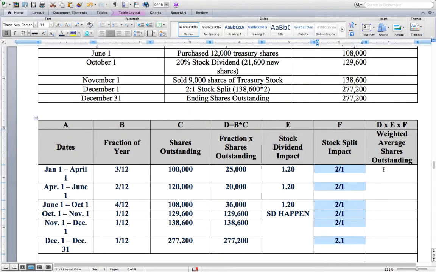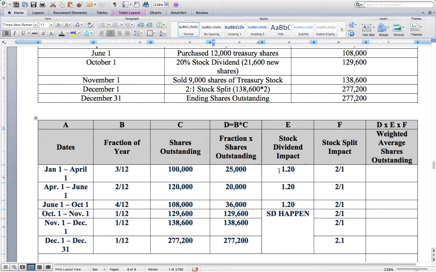So, to get to the weighted average shares outstanding for each period, you will take this fraction of the year shares outstanding, the 25,000, and times it by the 1.2 stock dividend impact. This gives you 30,000 shares at this point.